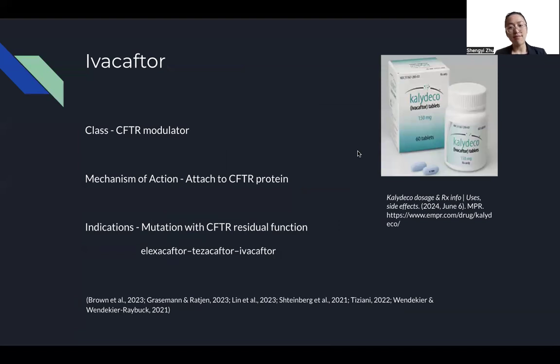Now let's talk about ivacaftor, a CFTR modulator used to treat respiratory symptoms of CF. By increasing the activity of the CFTR protein, these drugs are specially made to treat the underlying malfunction in the CFTR protein. By directly attaching to the CFTR protein, ivacaftor increases the protein's capacity to transfer chloride ions across the cell membrane.